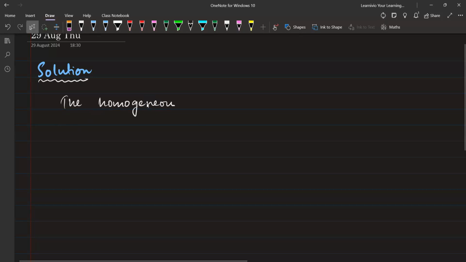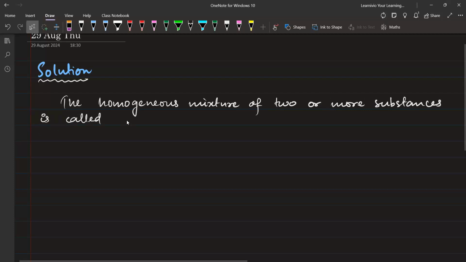Homogeneous mixture of two or more substances is called solution.